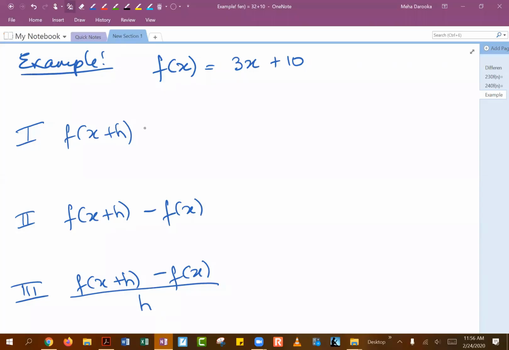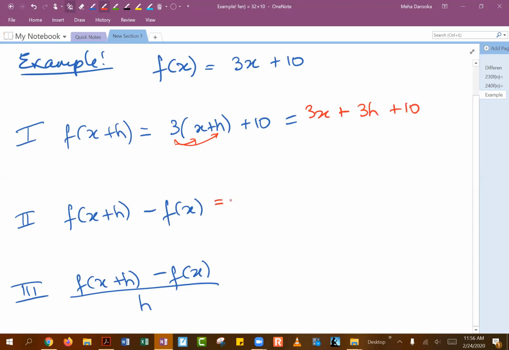Steps. Brian, what about you? Amazing. 3, yeah. All righty. x plus 3h plus 10. Keep that part the same and then subtract the original.